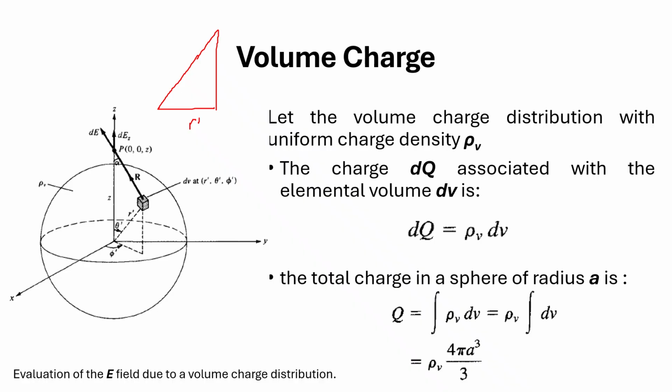Then we have the position from this source point to this receive point given by R. And then also we have Z here. The angle here is alpha relative to the Z axis. Then also at this point we have theta prime.